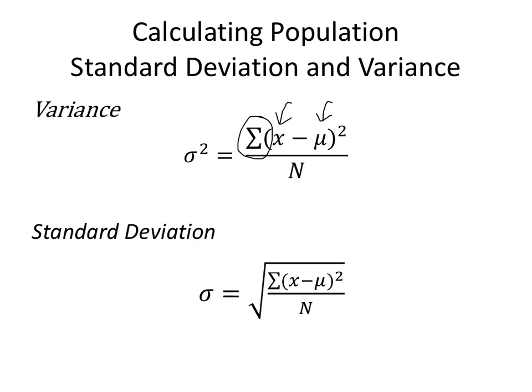Mu, if you remember, is the symbol for our population mean. So it's the average of all of our numbers. So we are going to take each value, subtract the mean, square that, and then add all of those squareds together. On the bottom is N, which stands for our total number of values. How many values are in our data set?